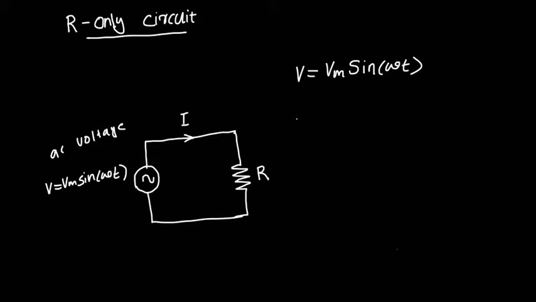We know that the resistor is a device which obeys Ohm's law. Therefore, I is equal to V by R by Ohm's law.